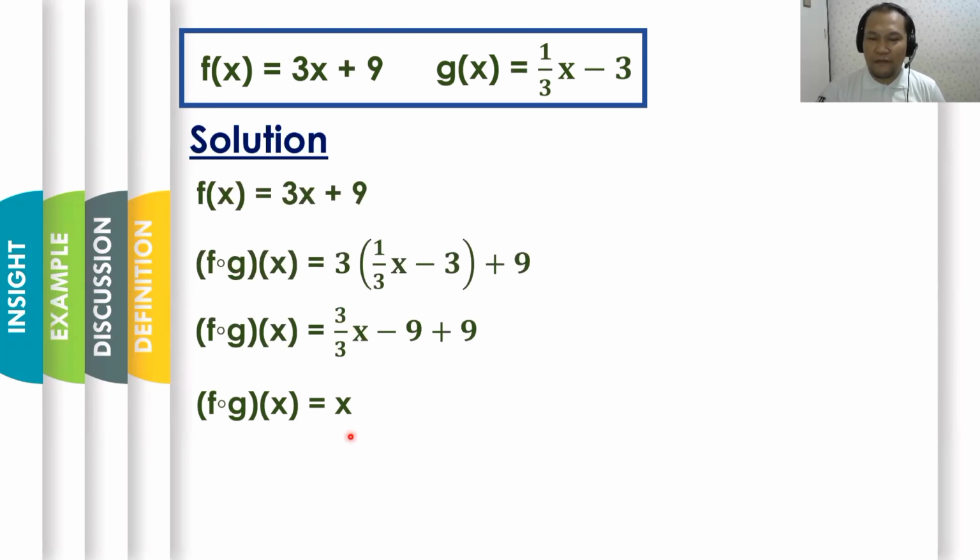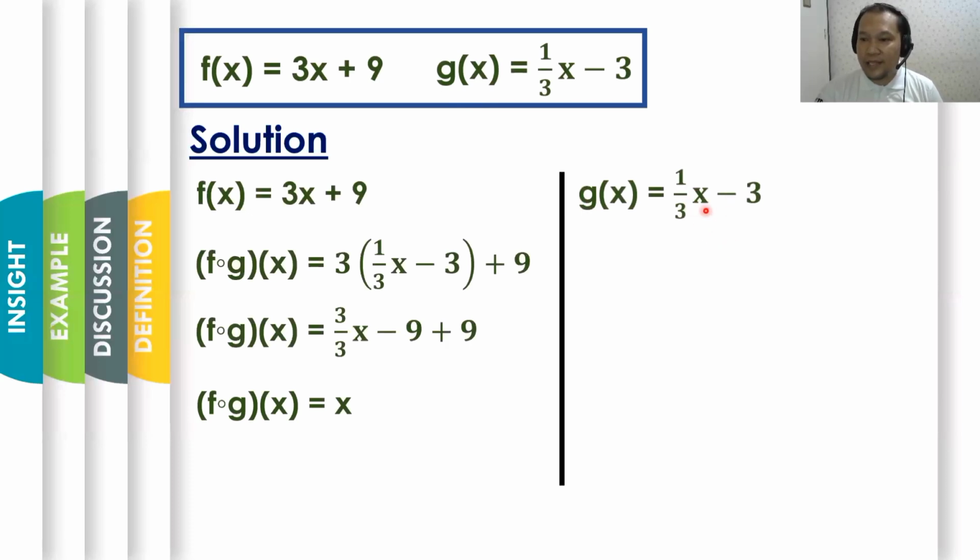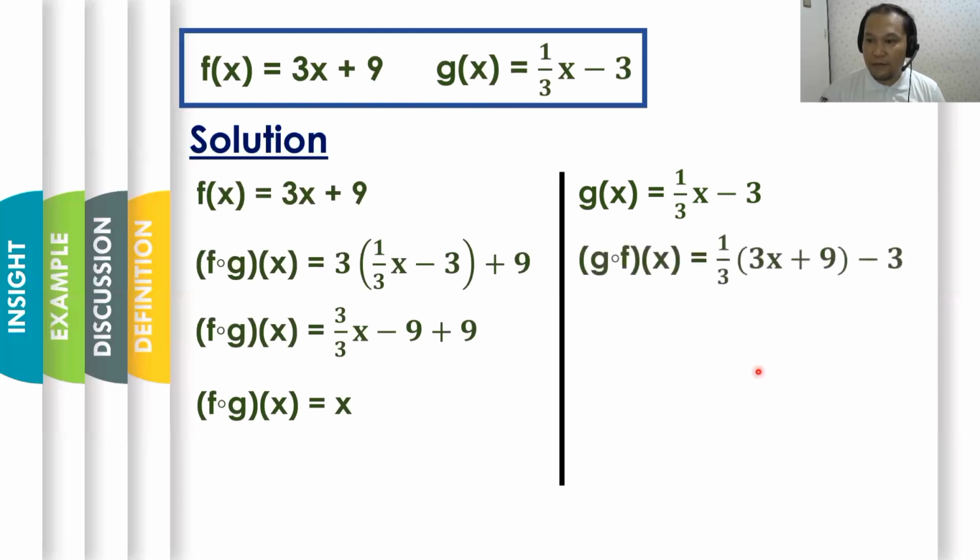Now, what about if we are going to find the g composite of f? In this case, our x here in 1/3 x minus 3 will be replaced by the function f of x, which is equal to 3x plus 9. Thus, we have g composite of f is equal to 1/3 times the quantity 3x plus 9, minus 3.